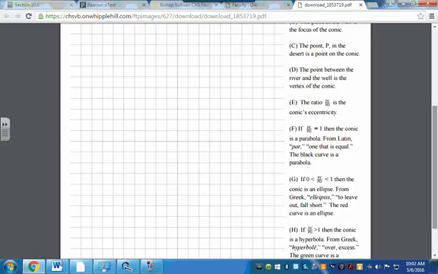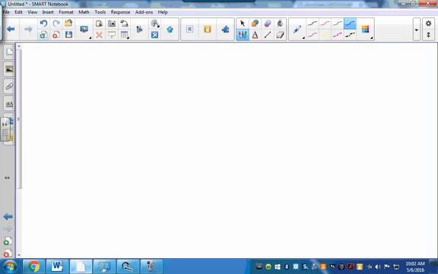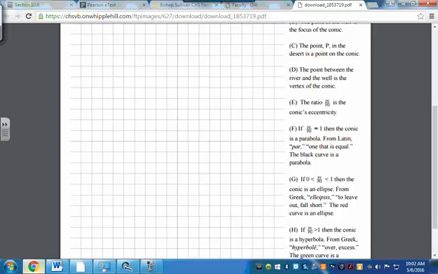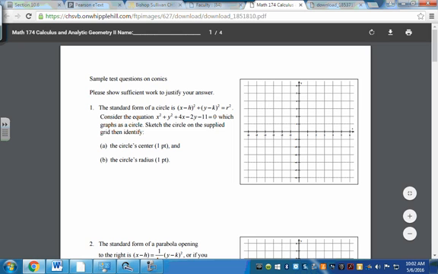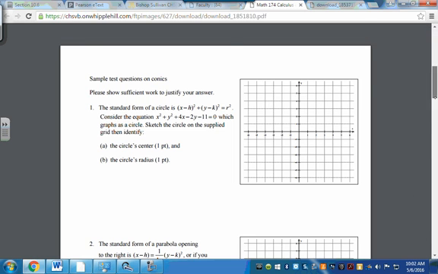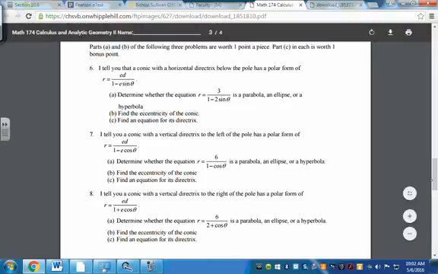Okay, so that's what we're going to work on today. Conic sections in polar coordinates. There are some sample questions, and again, you might want to look at your sample test questions. We looked at a lot of these yesterday, but for these following 3 problems, I give you the equation.